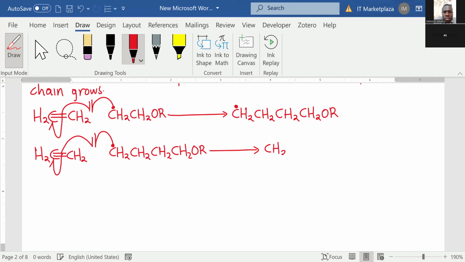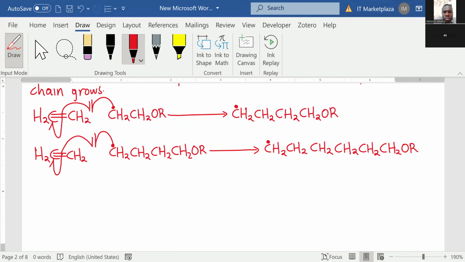CH2 with a dot, followed by CH2, followed by another CH2, followed by CH2, CH2, CH2, OR. 1, 2, 3, 4, 5, 6.